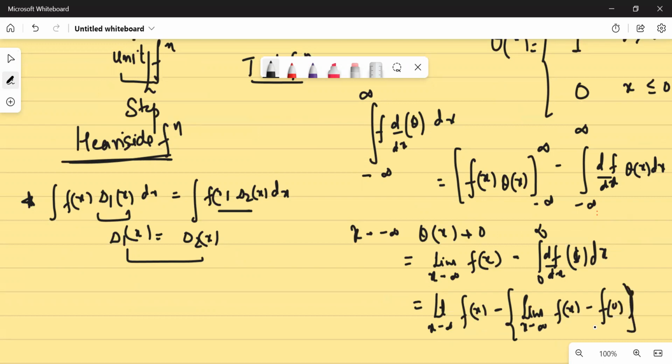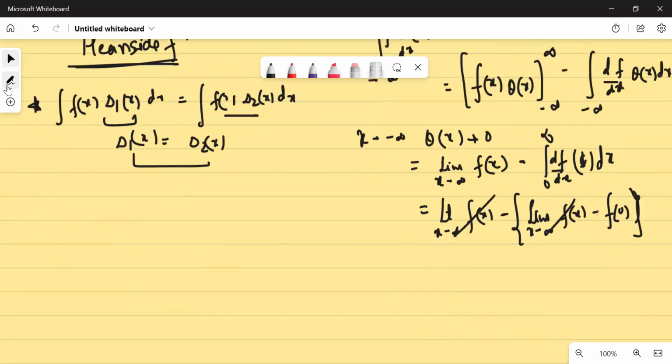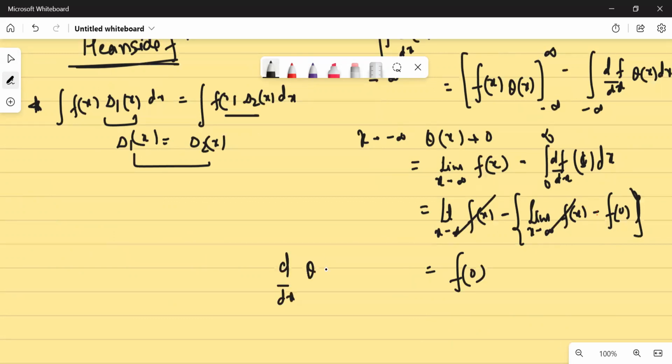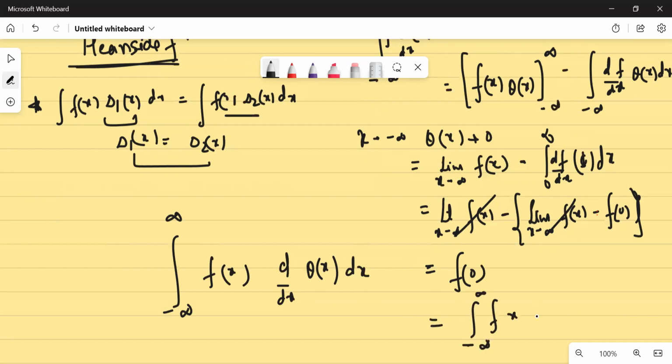Overall, these two limiting terms become 0 and you get f of 0 on the right hand side. So the integral from minus infinity to infinity of f of x times d theta by dx dx is equal to f of 0, and instead of f of 0 you can write the integral from minus infinity to infinity of f of x Dirac delta x dx.